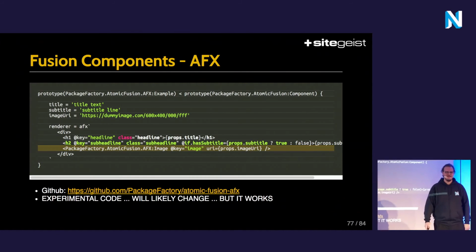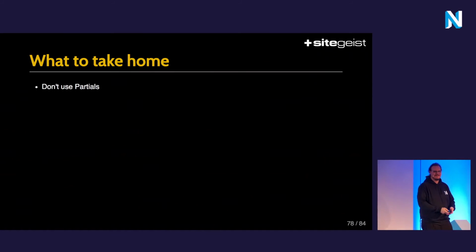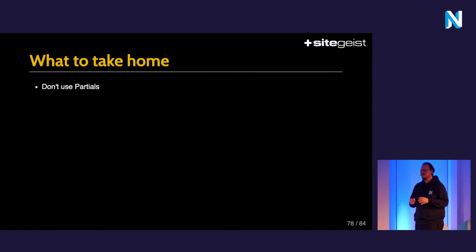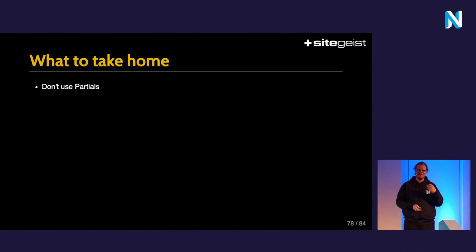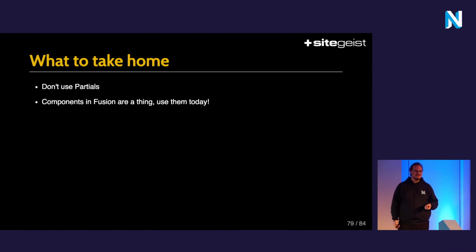So, what to take home from this? Don't use partials. Really. They tend to become big Frankenstein constructs. We don't want that anymore. There are better ways to do it. You can use components.